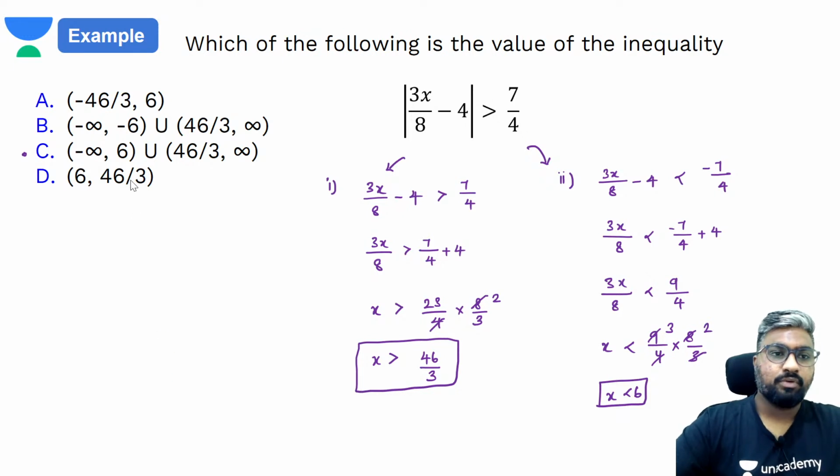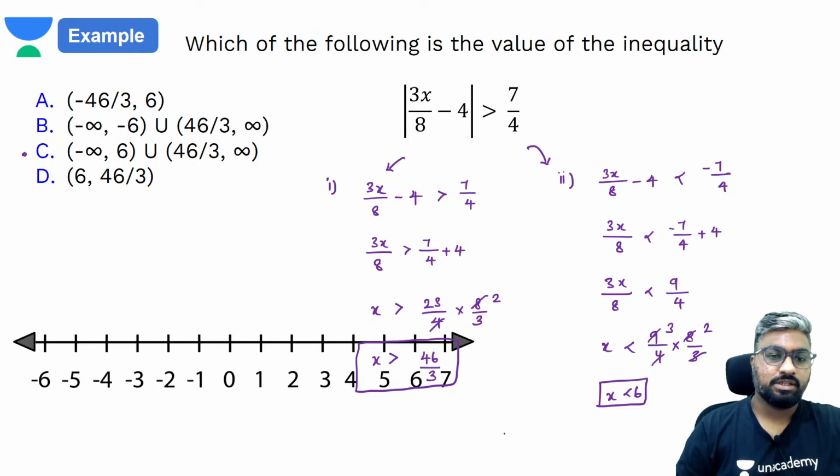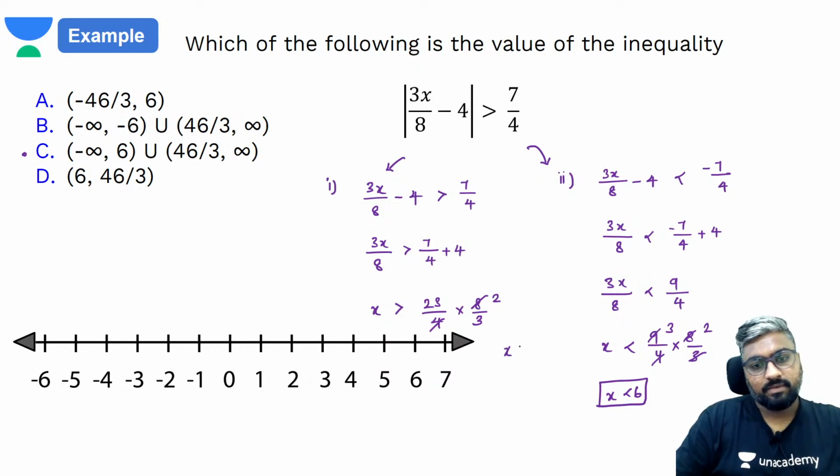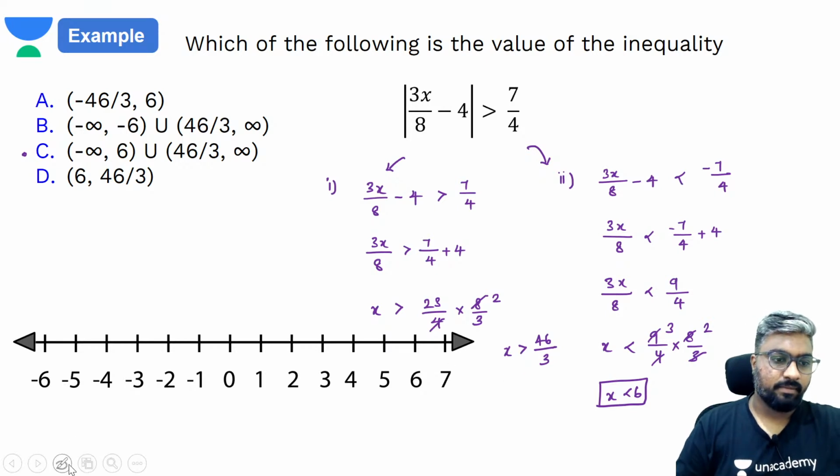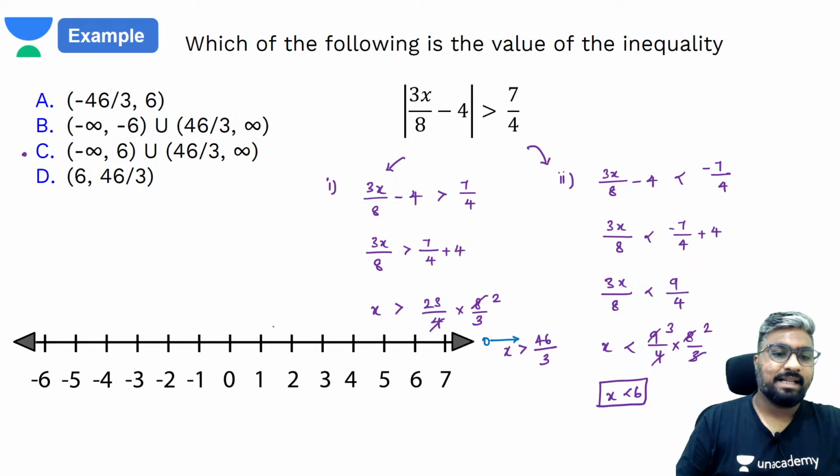If you want, you can put this on the number line also. This is your number line. Let me write this here. X must be greater than 46 by 3. So if you put this on the number line, x greater than 46 by 3 will be from here all the way to the right hand side. X less than 6 will be from here all the way to the left hand side.